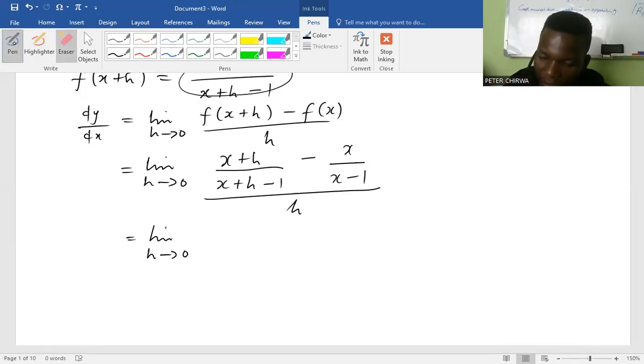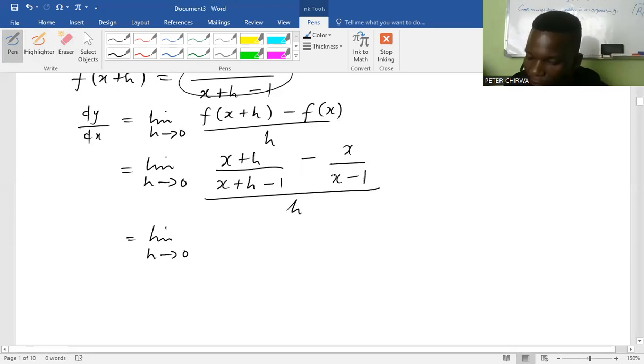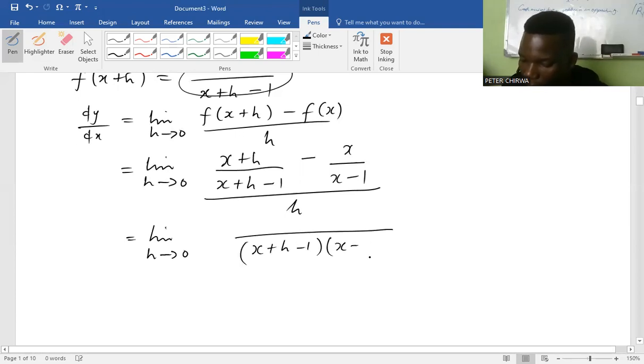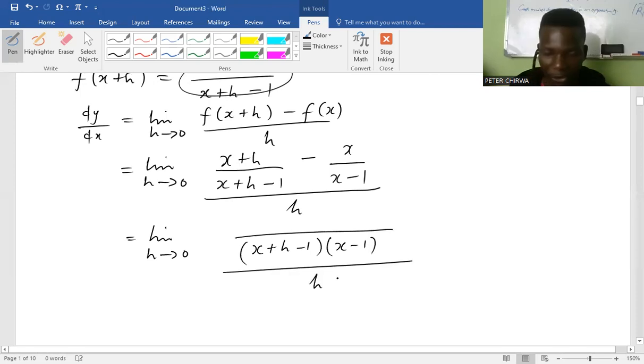We find the lowest common multiple of these fractions that we have on the numerator, which is basically the product of those denominators. So that into that, and this all is over h. So x plus h minus 1 into the whole of that denominator is going to give us x minus 1. So we have x minus 1 multiplying by the numerator, which is x plus h.